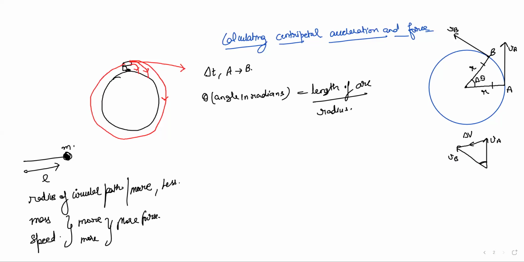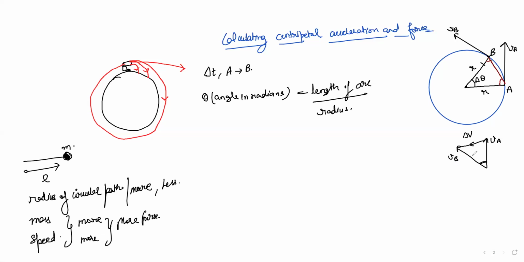and if I consider a small triangle like this, let me join this. If I join A and B, right? So this angle and this angle will be equal. Now I have drawn this VA and VB here, right?